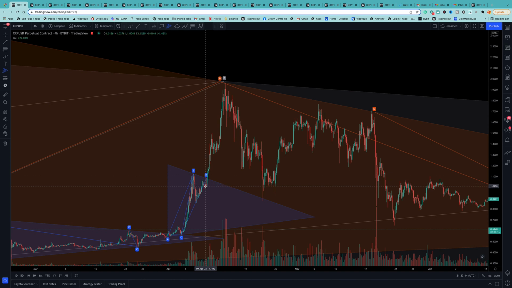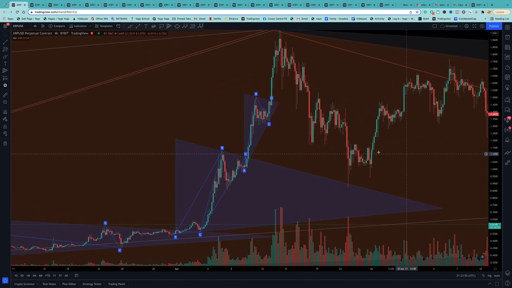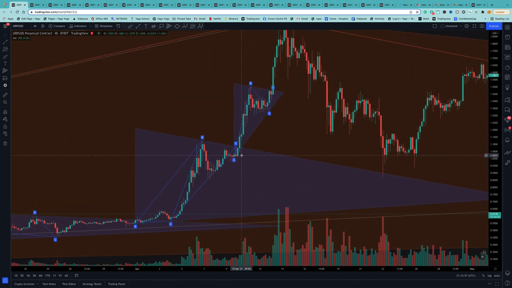So here we are, and we do another one. You can see the shapes of them are changing. Sometimes they're not so obvious.